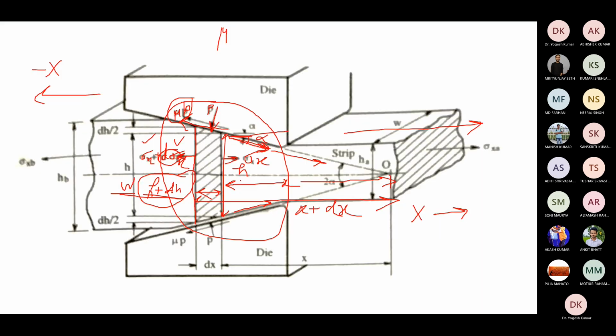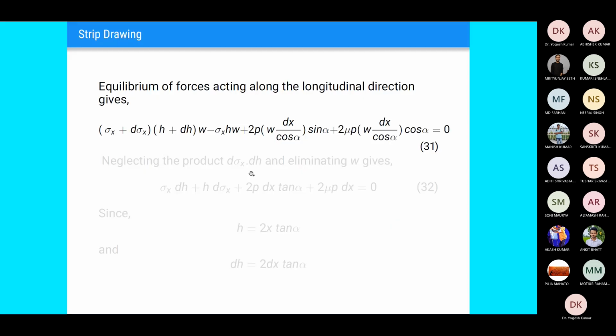Then another force is sigma x on this particular strip, which is acting opposite to the previous force. So sigma x into h will be acting opposing to the first force, so minus sigma x into h into w. This is how this has been taken.